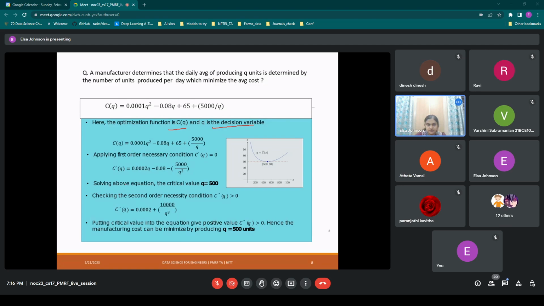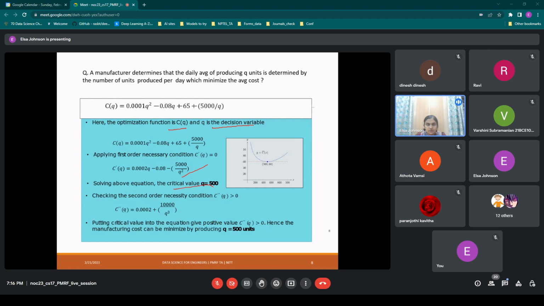First the similar steps only. The first order condition will be like this, C dash of Q equal to 0. If you equate this to 0, then the value will be coming. You can do it later and find out.